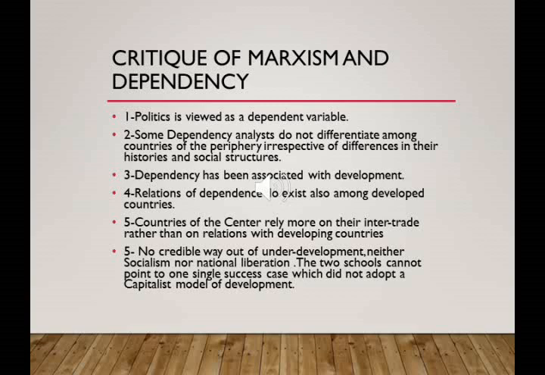The first issue is that both the Marxists and dependency writers consider politics to be a dependent variable. So long as the country is economically dependent, it is also politically, socially, and culturally dependent. And this is not the case.